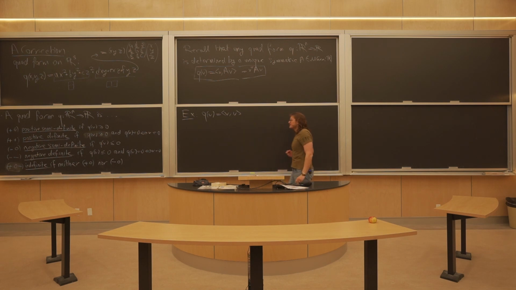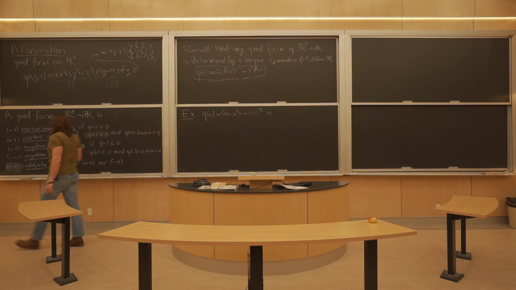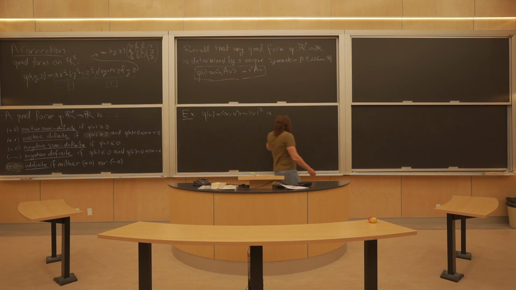This is the quadratic form defined by the symmetric matrix that is the identity matrix, which is also the inner product of a vector by itself. V norm squared is positive semi-definite. It satisfies this, but this is stronger, of course. Any positive definite is also positive semi-definite. So I'm just going to write it plus plus. Writing positive definite takes time.